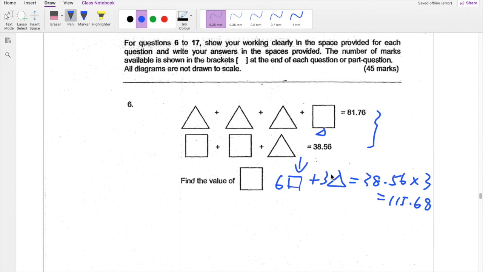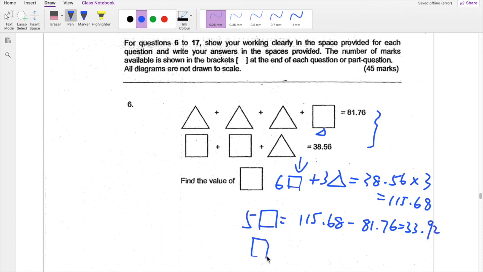On the left side, the 3 triangles are eliminated. What's left is 6 squares minus 1 square, which is 5 squares, equal to 115.68 minus 81.76, which gives 33.92.